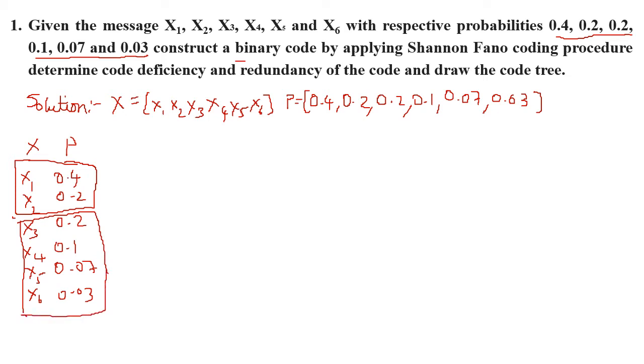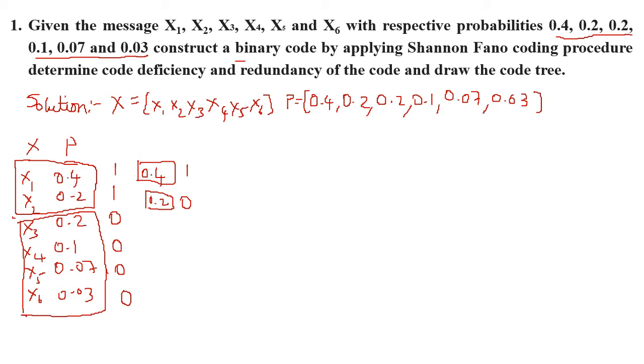This first group is assigned 1 and the next group is assigned 0. The next step is we are going to group the subgroups. 0.4 will be one value, then 0.2 one more value, and assign 1 and 0 to the subgroups.